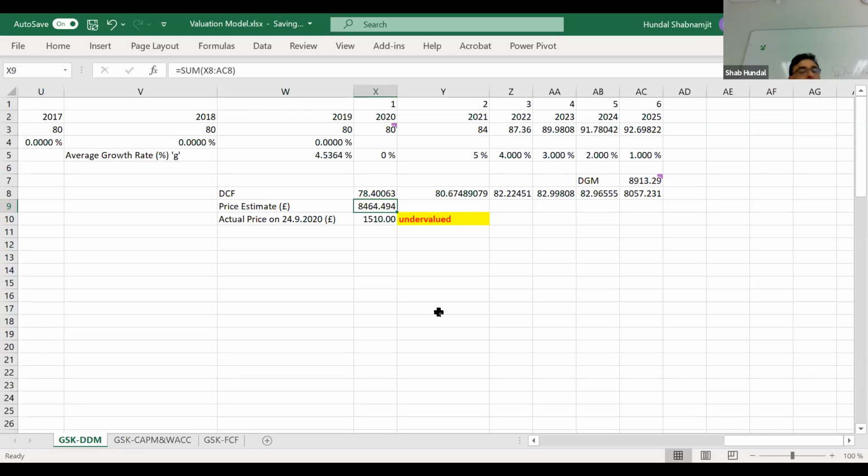Look, 8464, so approximately 8465. This is the price of GlaxoSmithKline which should be today. Be careful, timing is very important. This is the notional theoretical price which should be today. But what is the price? When I saw last week, it was 1,510 pounds.